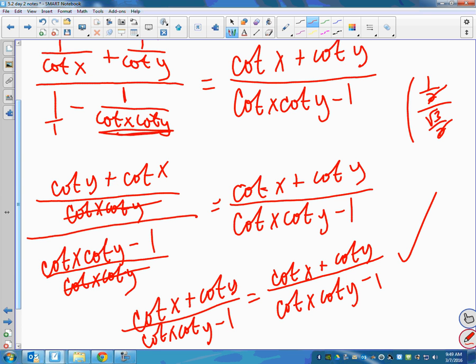It looked ugly to start with, but it was fewer steps in the end. Questions about that? Okay.